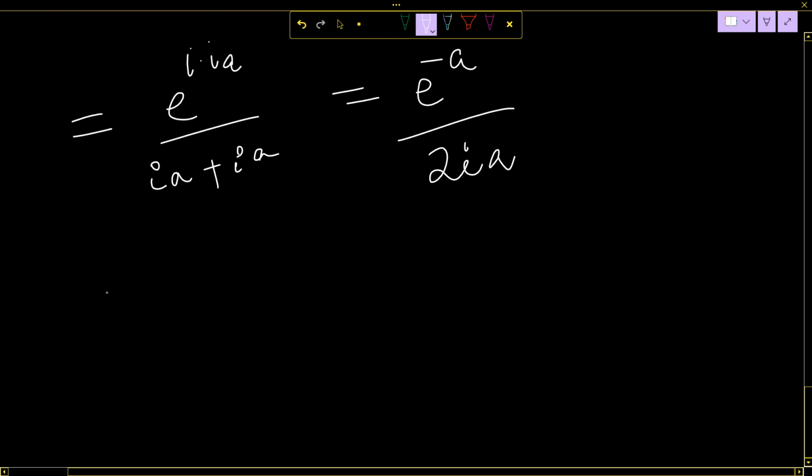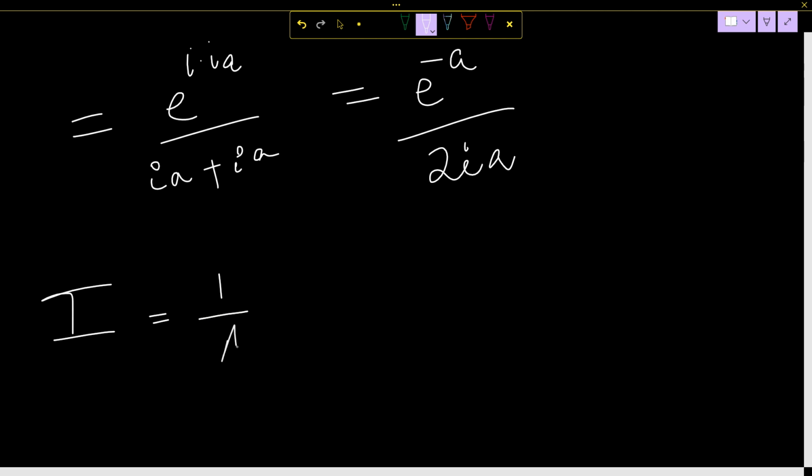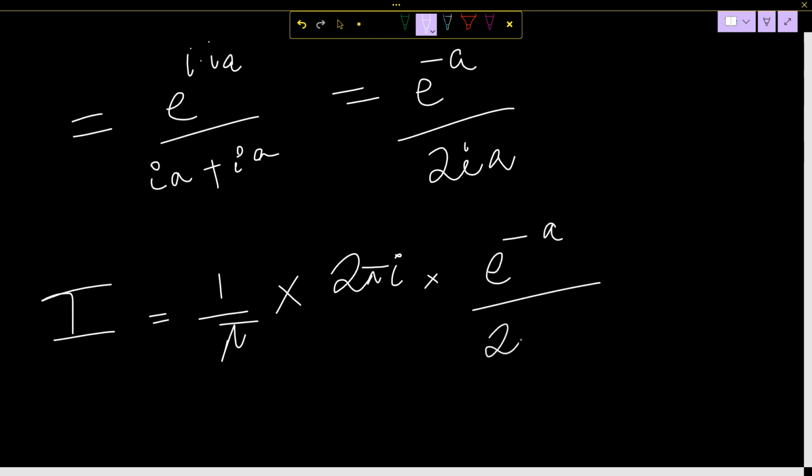This is a residue. So the integral is how much? Integral is 1 by pi was also there, remember, 1 by pi into 2 pi i into e to the power minus a whole divided by 2ia.